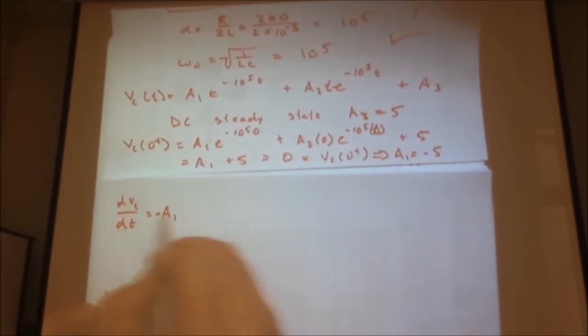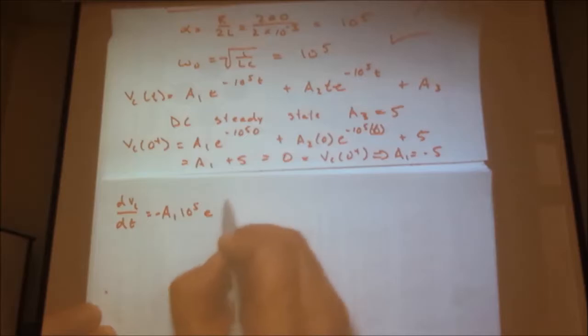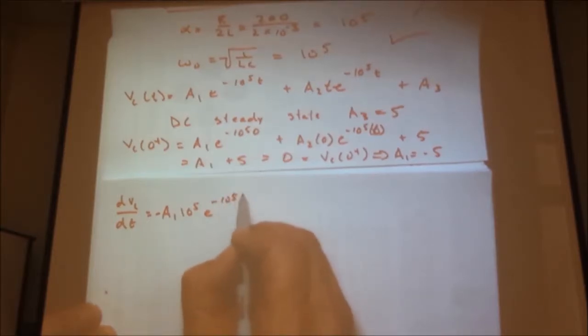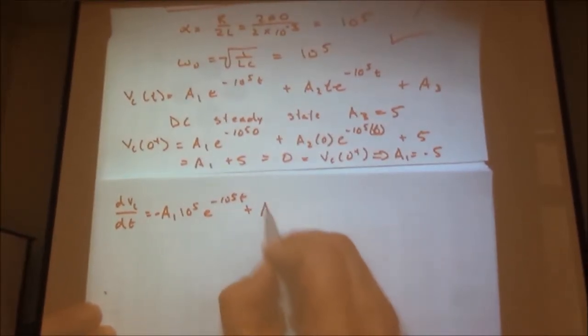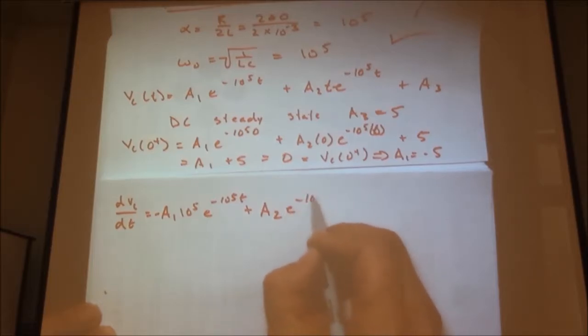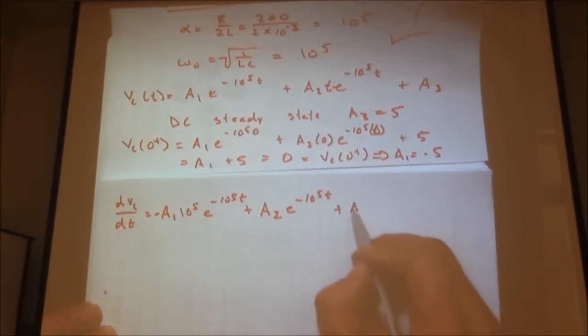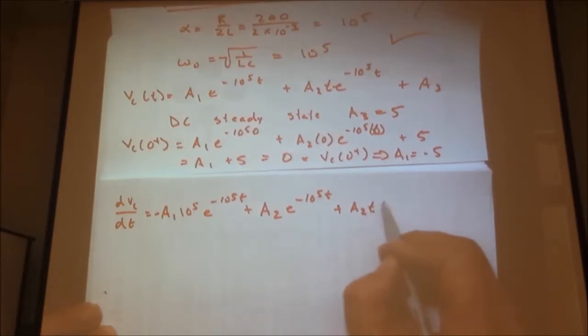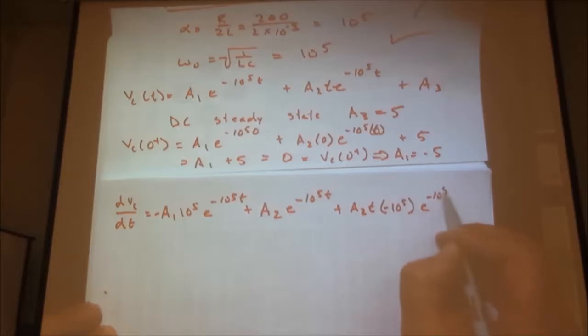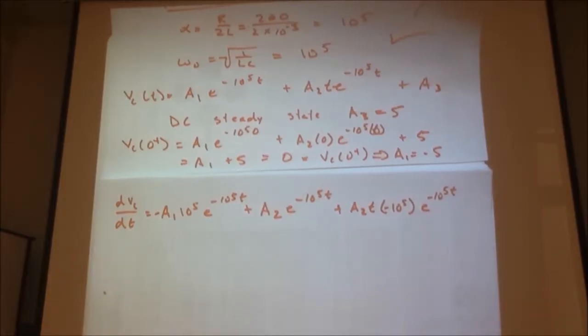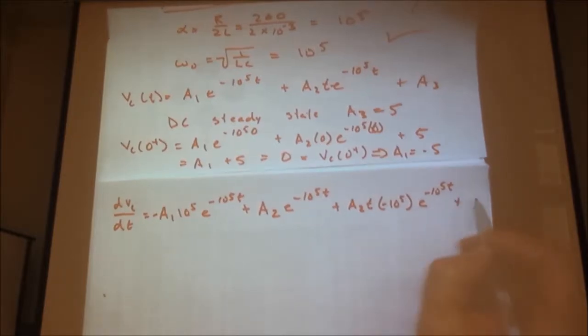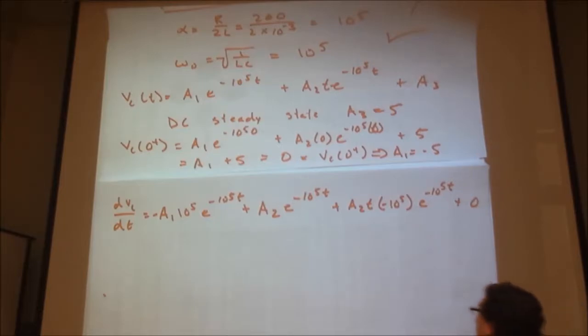A1 times minus 10 to the 5, e to the minus 10 to the 5t, plus A2 e to the minus 10 to the 5t, plus A2 t times minus 10 to the 5th. I'm just writing everything out. Plus 0 if you want. When we differentiate the constant, of course, again, if we had a particular solution term in there, we'd have to use that.